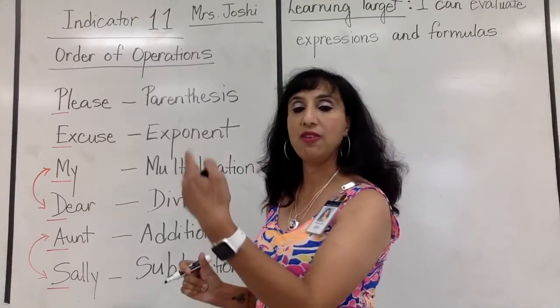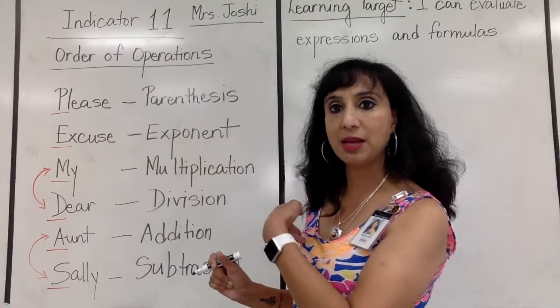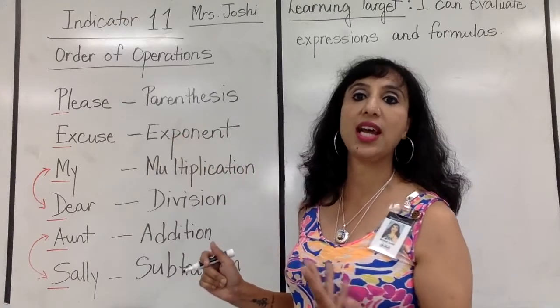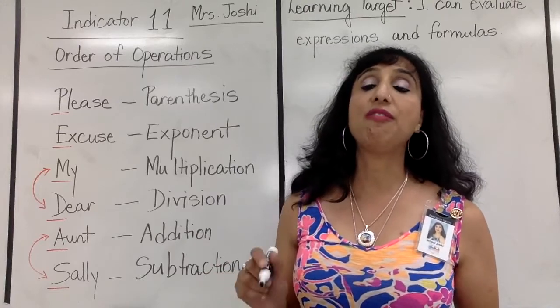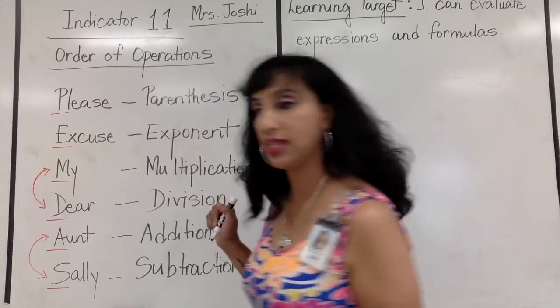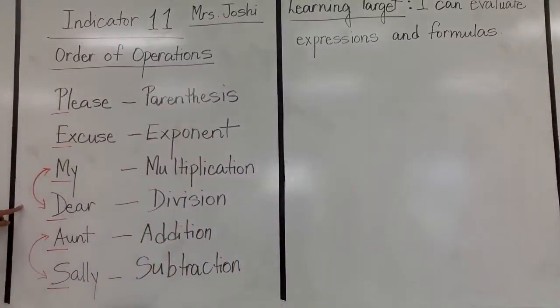So if it is something minus something plus something, you will do the subtraction before addition in that case. So we go from left to right only if these 2 operations are left.